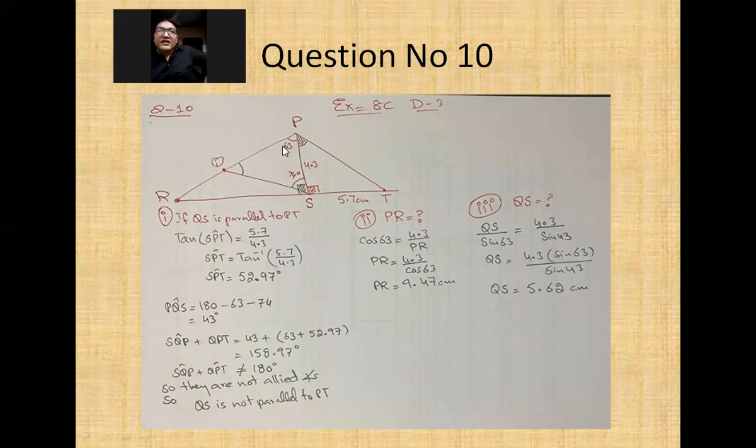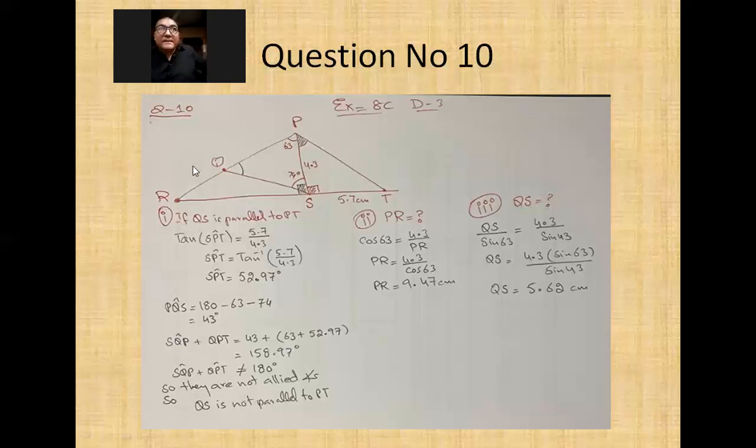If these two sides are parallel, then the angle QPT, I mean this whole angle, and this whole angle, which is PQS, will be allied angles to each other. And you know the sum of the allied angles is 180. You have studied these angles, the allied angles, the corresponding angles, the vertically opposite angles, and the alternate angles in your D1.